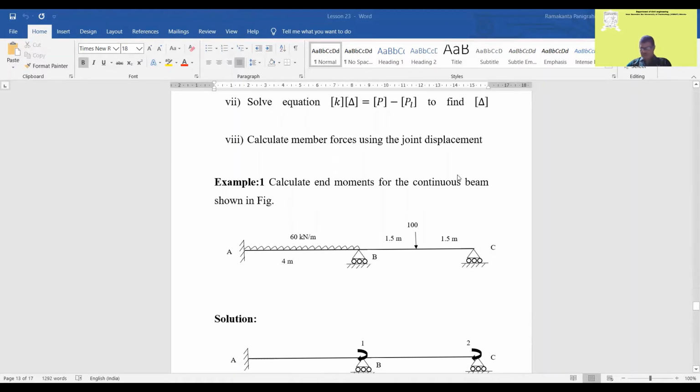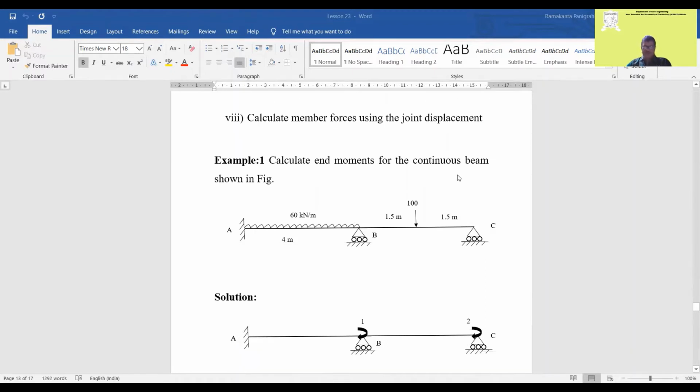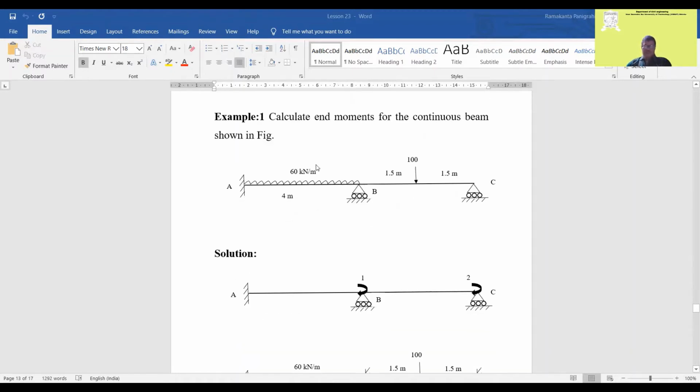Let us see an example now. So what is given here? Calculate end moments for the continuous beam shown in the figure. Now, this is the problem. Here we have a fixed end at A, roller support at B, roller support at C. There is a 100 kilonewton load acting at the center of span BC.